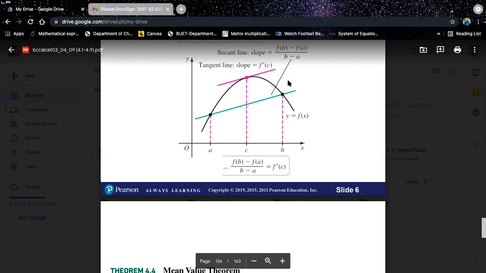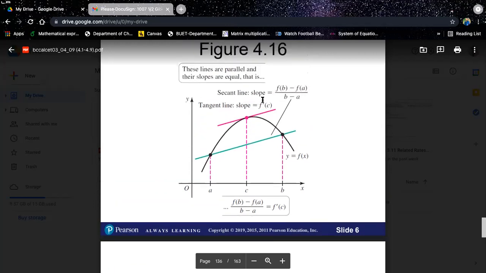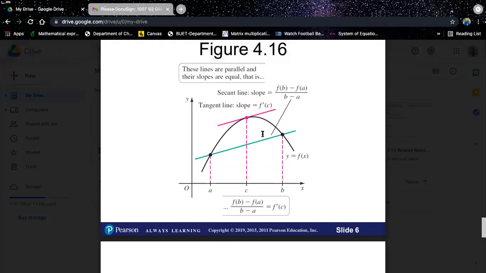Since they're parallel to each other, their characteristics are the same. They create the same angle, they go in the same direction, and they will give you the same value simply because the tangent of either of these angles will be the same.